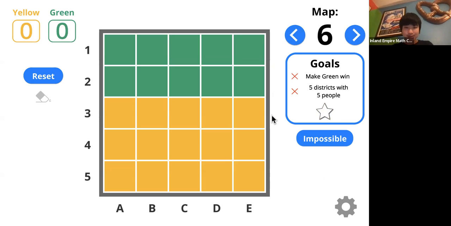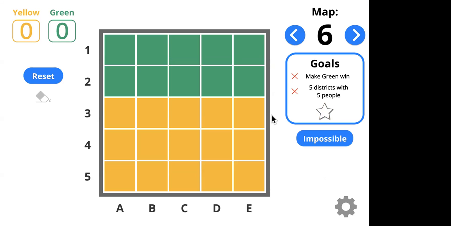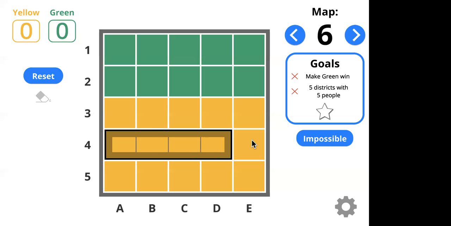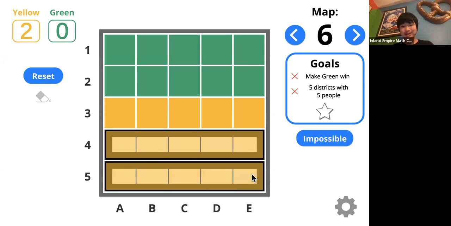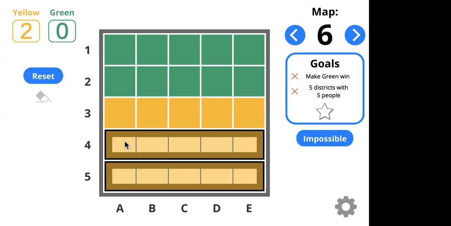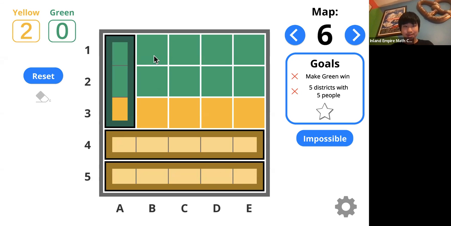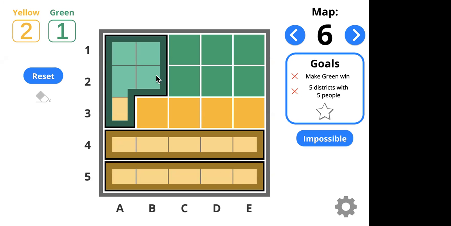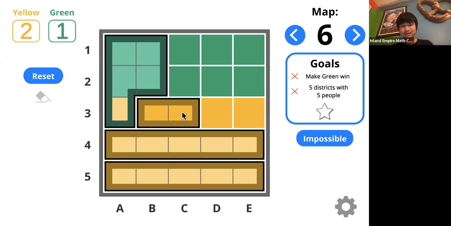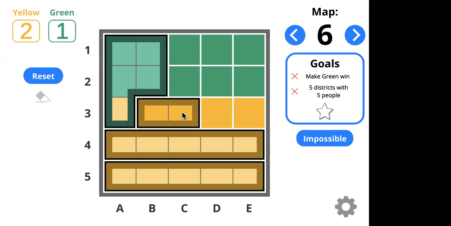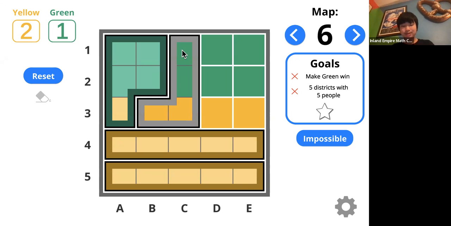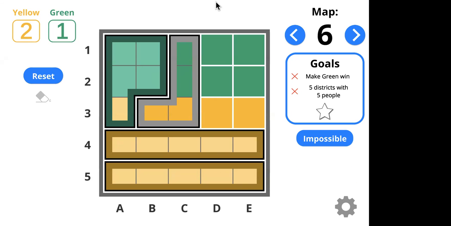Just the whole 4 and 5 column, like this, and like this. And then 1, 2, 3, A, 1, 2, B, and then 3, B, C, and then 1, 2, C, and then 1, D. Dang, you like symmetry. And then the rest. Yep.